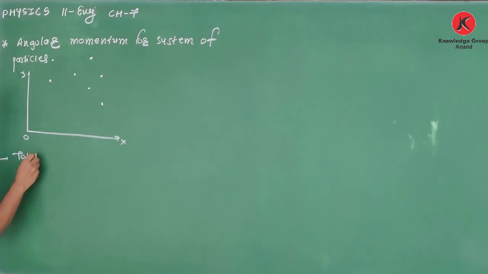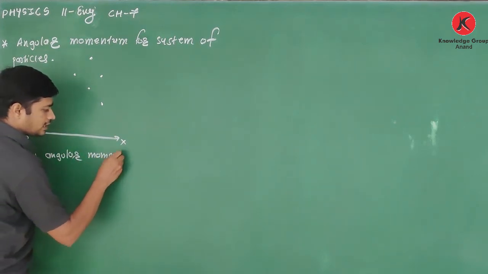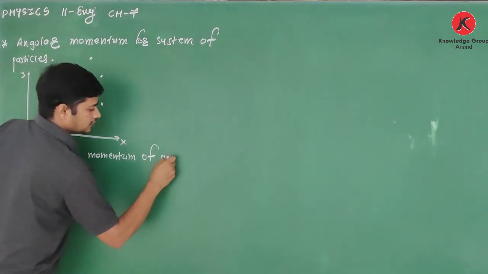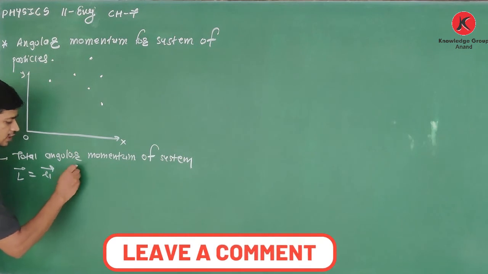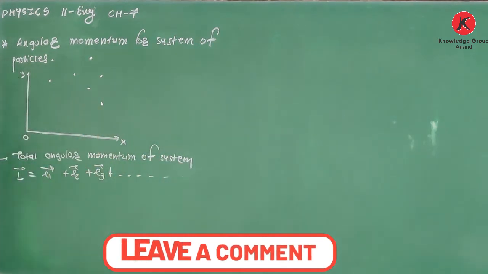Total angular momentum of the system, that is capital L, is equal to the angular momentum of the first particle plus the angular momentum of the second, of the third, and so on.